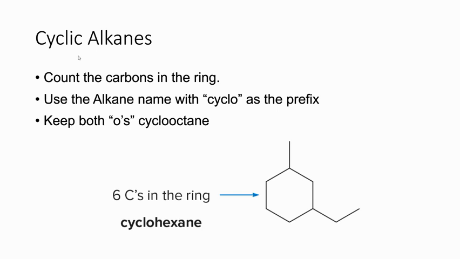So this would be called 1-ethyl dash 1, 2, 3 dash methyl, and then it has a circle in it, a ring structure, so I have to put cyclo. Don't forget that. And then there's 6 carbons in the ring, 1, 2, 3, 4, 5, 6. Okay. Cyclohexane.